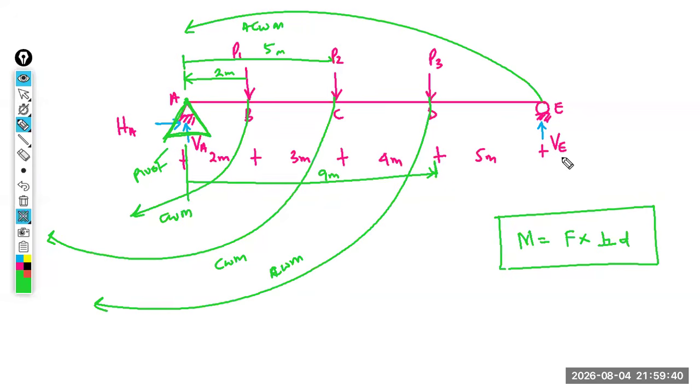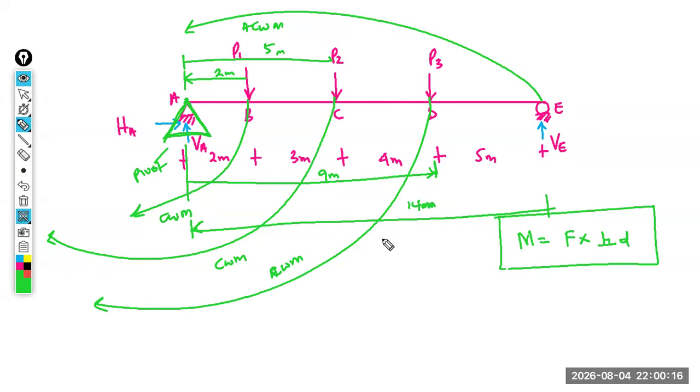And if I look at the VE force, then I have to calculate the distance from the VE force all the way to the pivot, right? So remember that all the time you must calculate from the force in question to the pivot. In this case, adding all this together, I'm going to get 14 meters. Is that okay? Very simple.